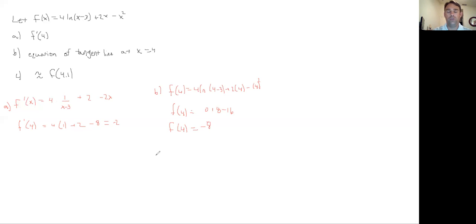So our tangent line is y minus a negative 8, so y plus 8, equals negative 2 times x minus 4. And let's see here. Last and certainly not least, friends, if I want to do a linear approximation of it, so that means I got to take my tangent line real quickly and move it over.